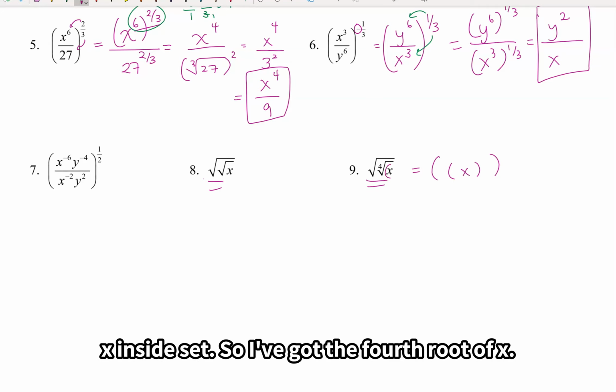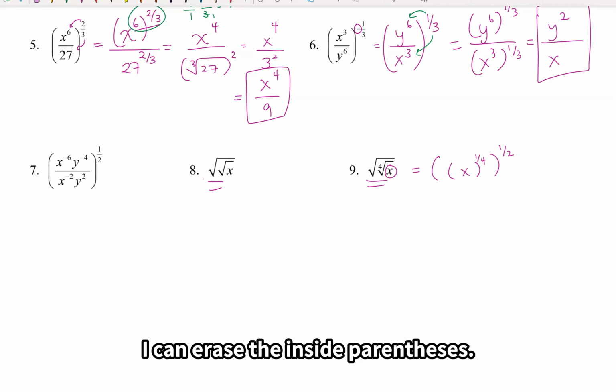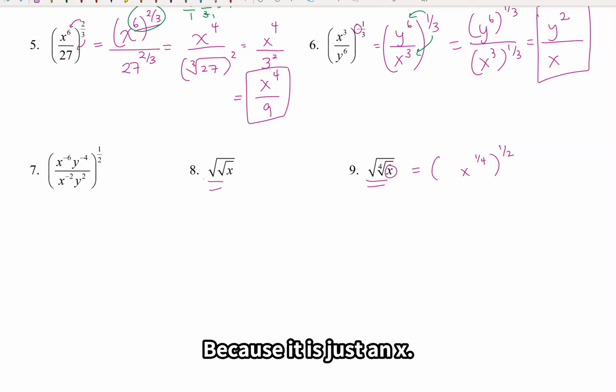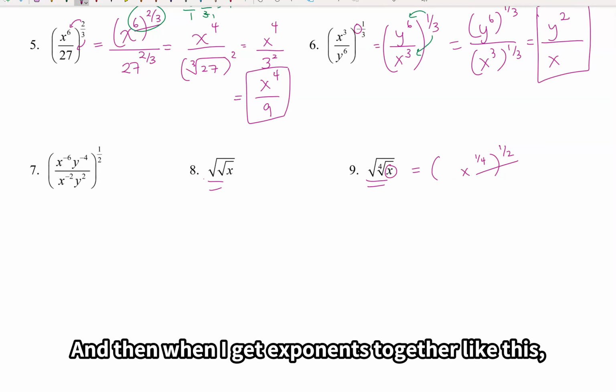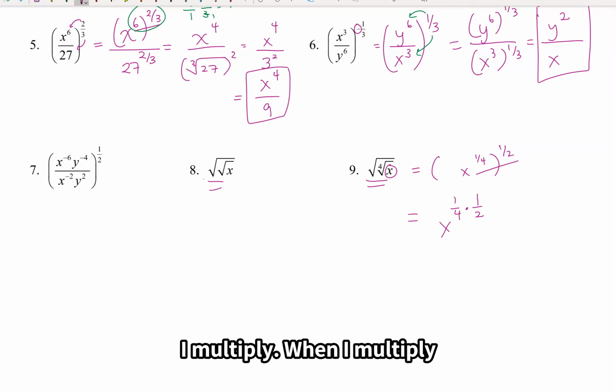X inside. So I've got the 4th root of x, and then I'm taking the square root of that. I can erase the inside parentheses because it's just an x. And then when I get exponents together like this, an exponent raised to an exponent means I multiply.